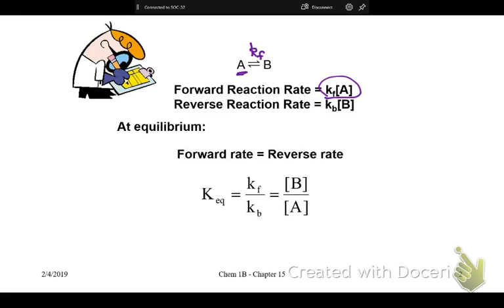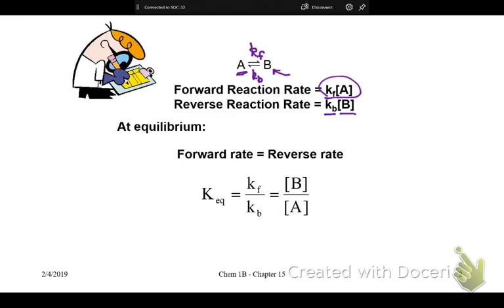And all the stuff that you've seen up till now, that was always K1, but it doesn't really matter what the subscript is. Okay? And this one is K back. And in the stuff that I did in class is K minus 1. One of the homework problems was K2. Again, subscript doesn't matter. But it's K back times this concentration.